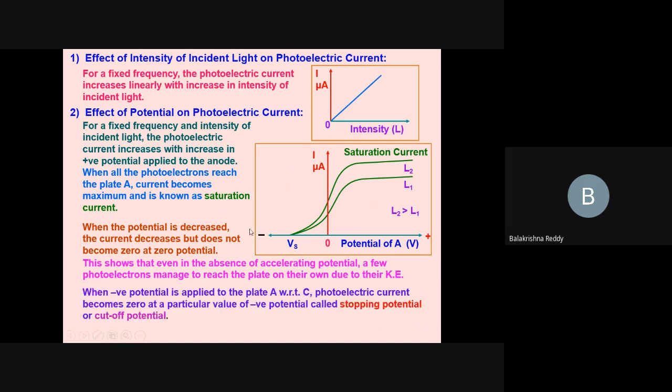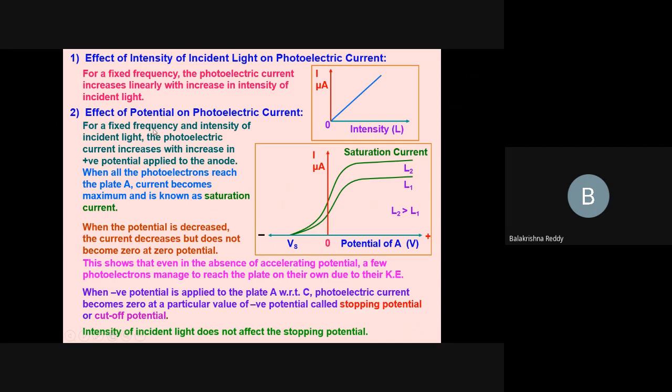This stopping potential is also called the cutoff potential. With respect to anode and cathode, this potential we call the cutoff potential or stopping potential. This is the second most important effect. Here, the intensity of incident light does not affect the stopping potential.